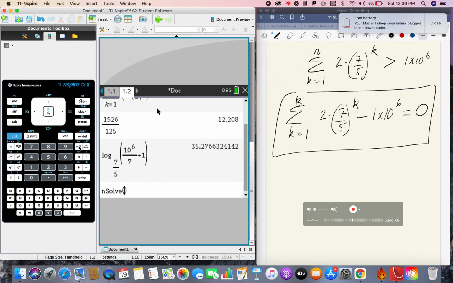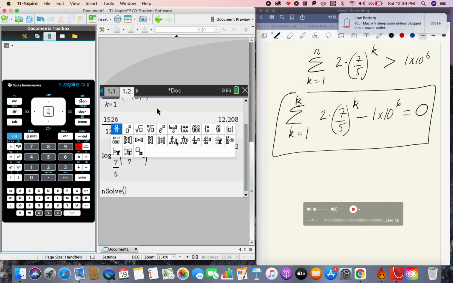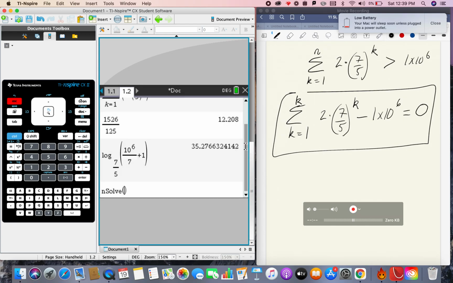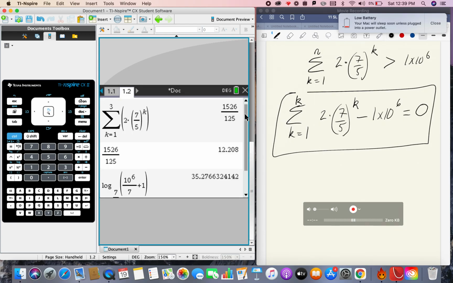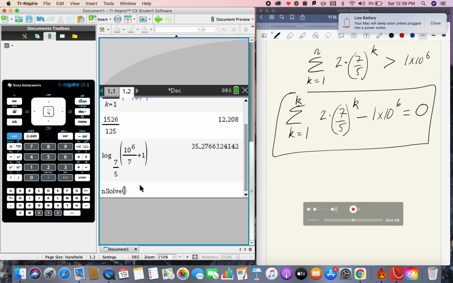So let's go to a sigma notation from our menu here. I'm going to do this one here. Actually, if I press escape, I could just go back up and copy it from previously. So let's see if we can copy this. Might be a bit quicker. My laptop's slowing down a bit.